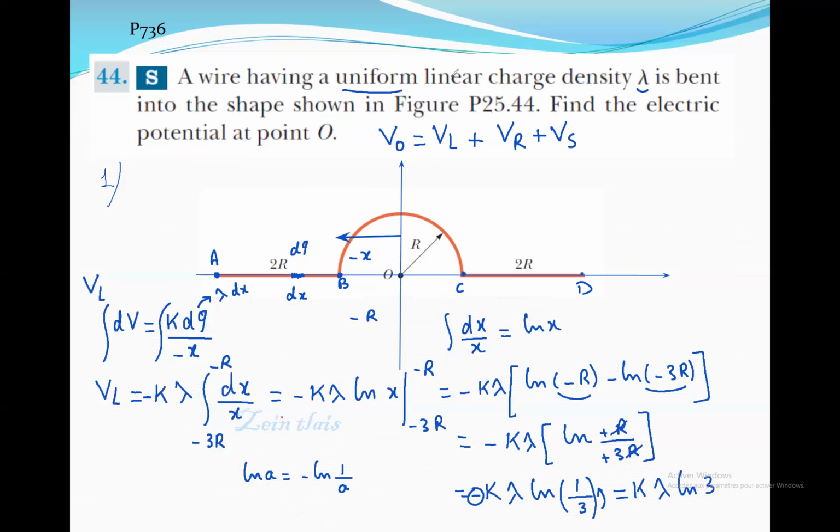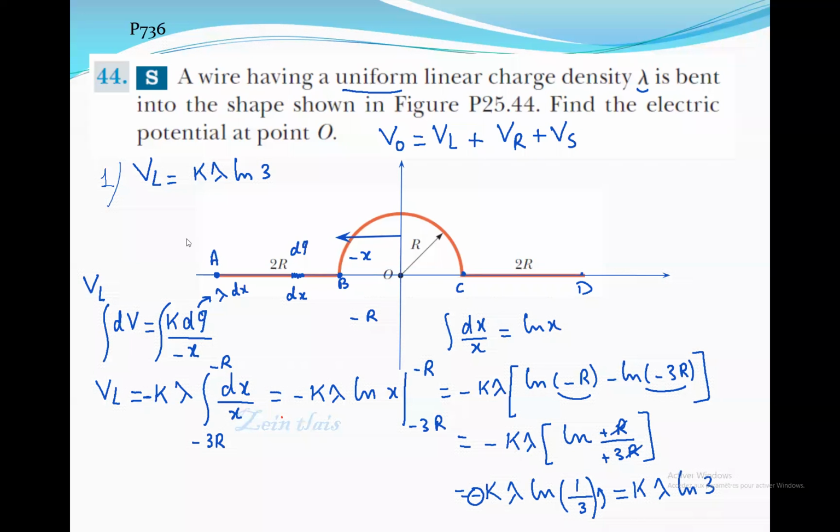Because minus ln A equals to ln A to the power minus 1, equals to ln 1 over A. Okay? Finally, we get V at the point, V left, equals to k lambda ln 3.